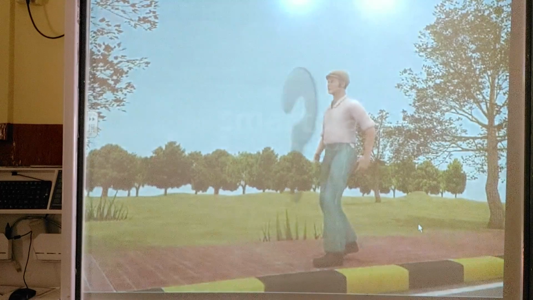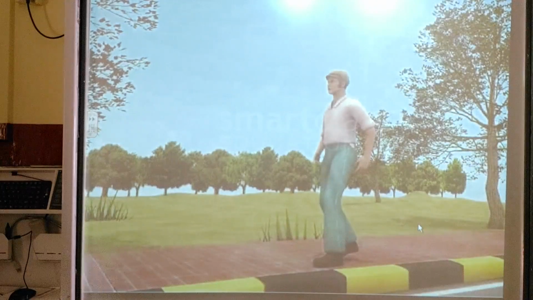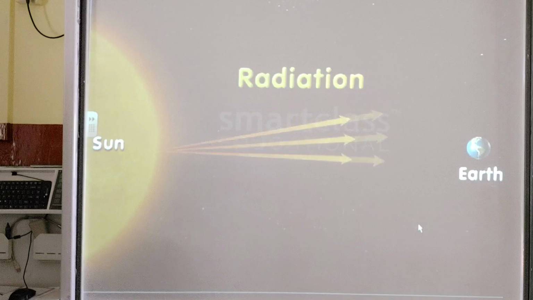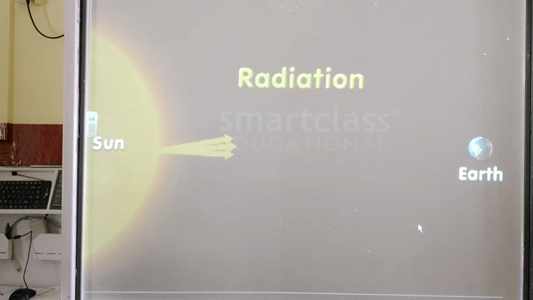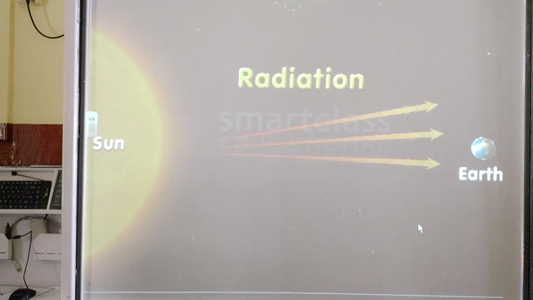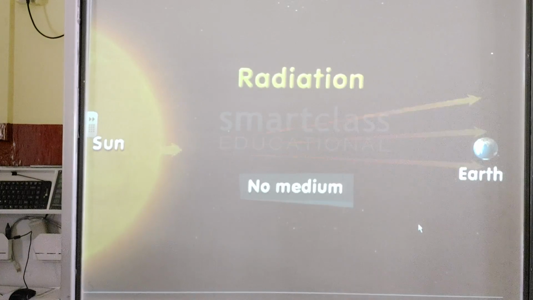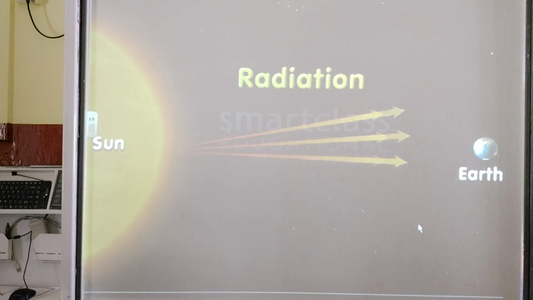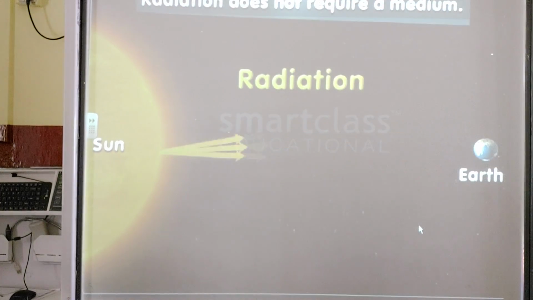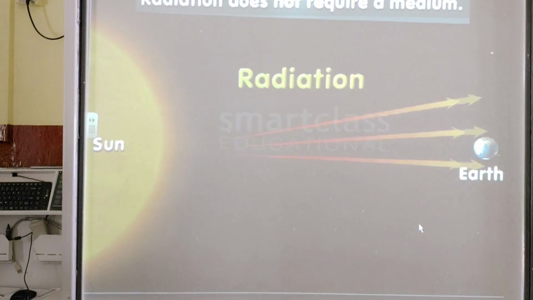Why? You feel hot because of the sun's energy that reaches the earth through radiation. Heat from the sun travels millions of kilometers from space to the earth. You may know that there is no medium in space. So, radiation can transfer heat in the absence of a medium.